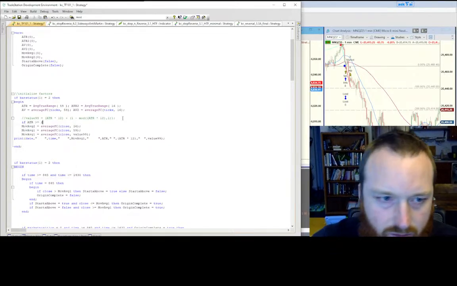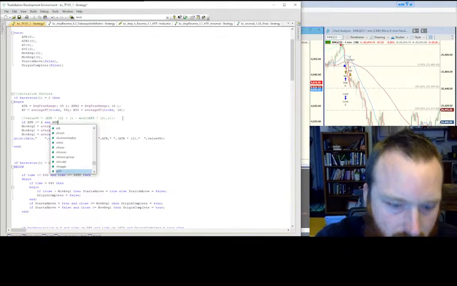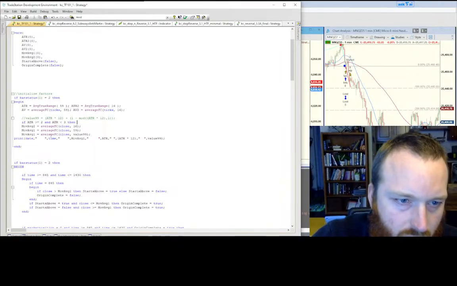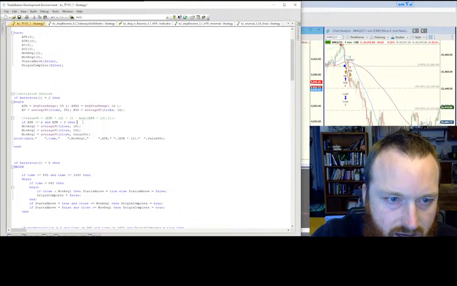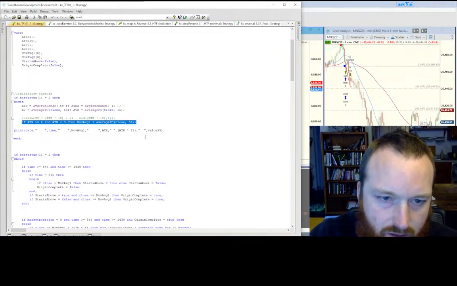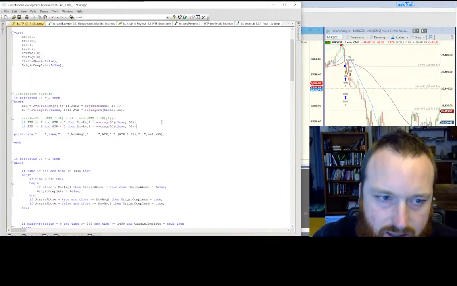If ATR is greater than or equal to 2 and ATR is less than 3, then moving average 1 is the past hour. Now this is going to be fun, where we adjust for volatility.